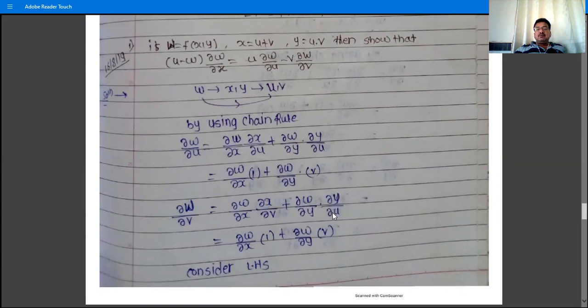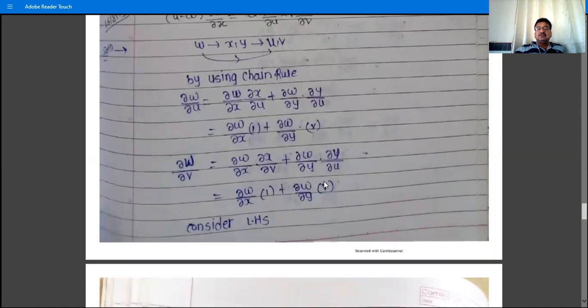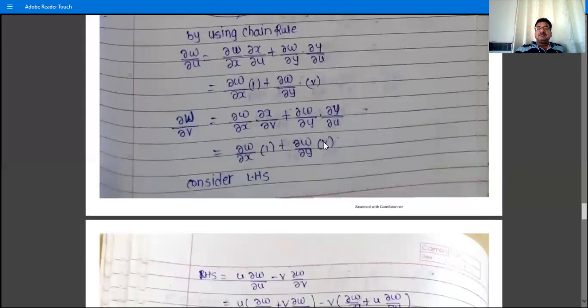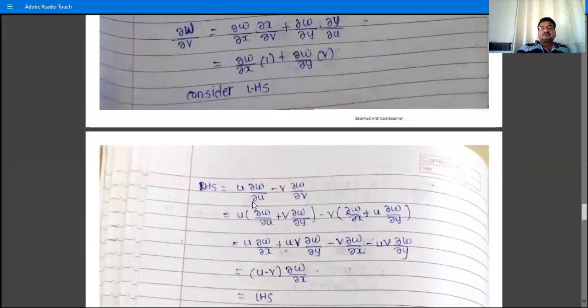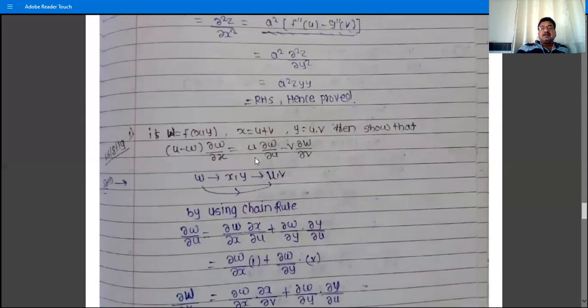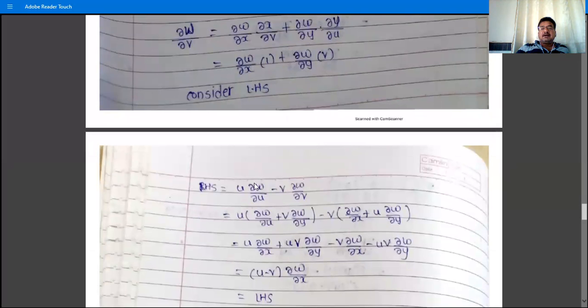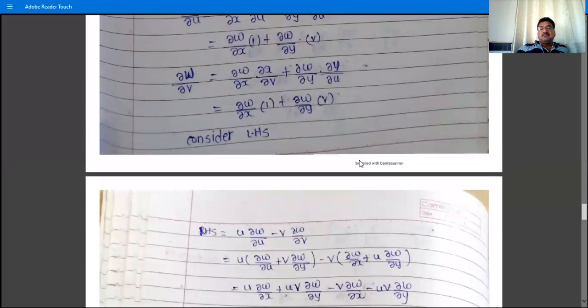Here write ∂w/∂y times ∂y/∂v, and it is u, the derivative of this quantity with respect to v. This is ∂w/∂v.